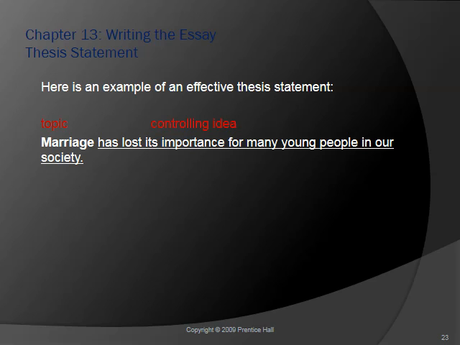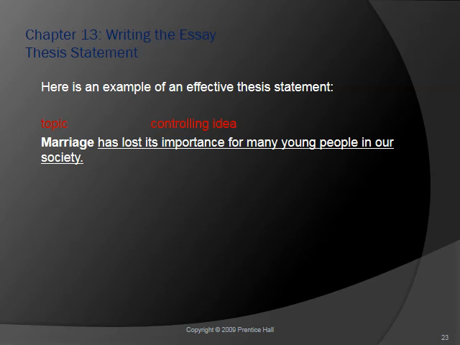Now, the controlling idea is when you start thinking about your topic sentences in your essay. You're creating those topic sentences, but you're taking the ideas from how marriage has lost its importance for many young people in our society. So maybe as an example in your topic sentences, you can talk about how young people today don't really believe in marriage.